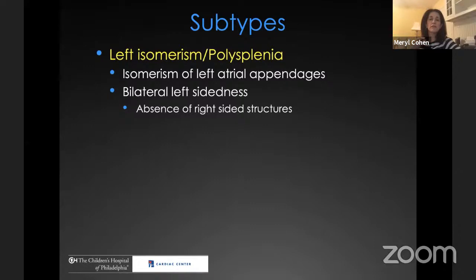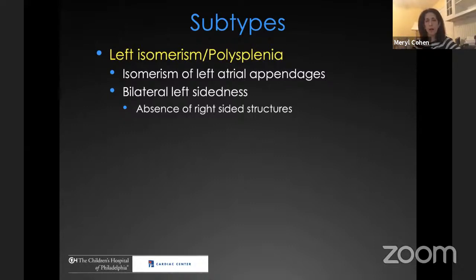The most consistent finding that Robert Anderson will tell you is that they have isomerism or mirror image of the left atrial appendages. However, by echocardiography, that can be incredibly challenging for us to recognize, and it's not particularly important with regard to what you're going to do surgically for the patient. However, it is a very consistent finding.